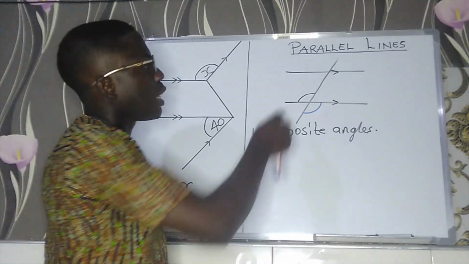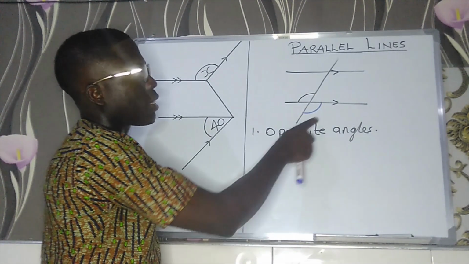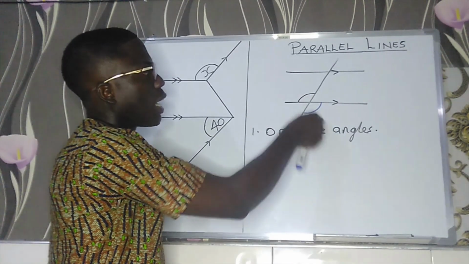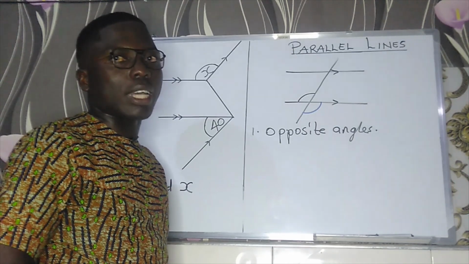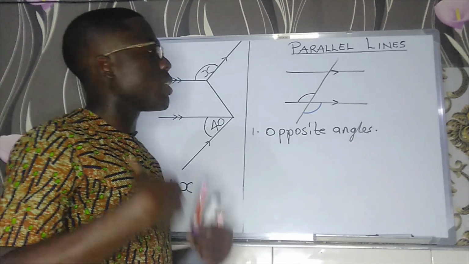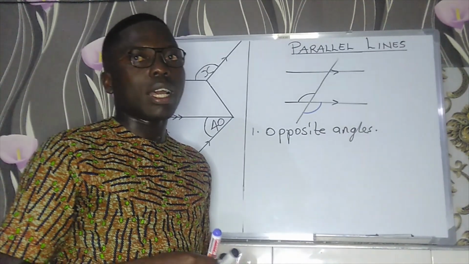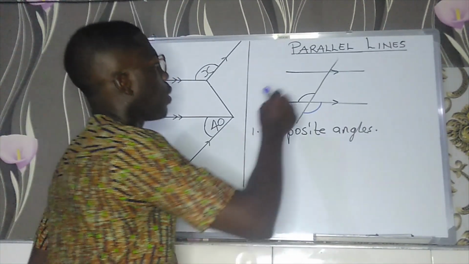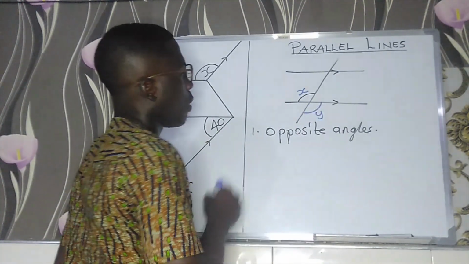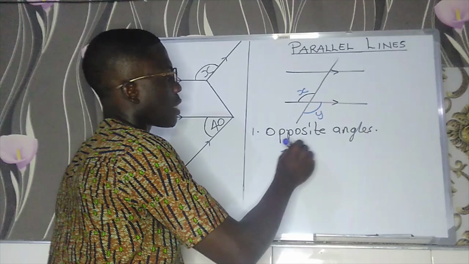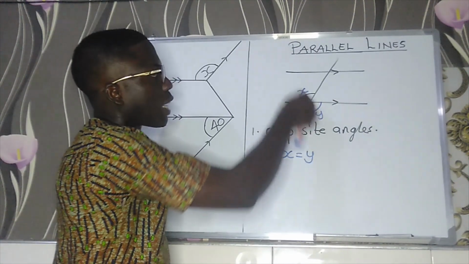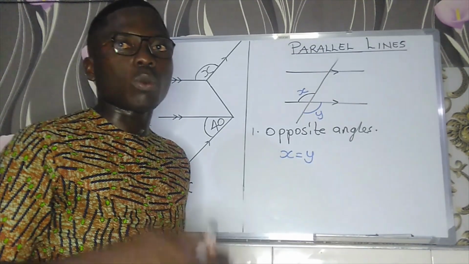We could see the black arc is directly facing the blue arc, and so they are opposite to each other. And whenever angles are directly facing each other, we say they are equal angles. So if we have x here and then have y here, we would say x is equal to y. This is because opposite angles are equal.